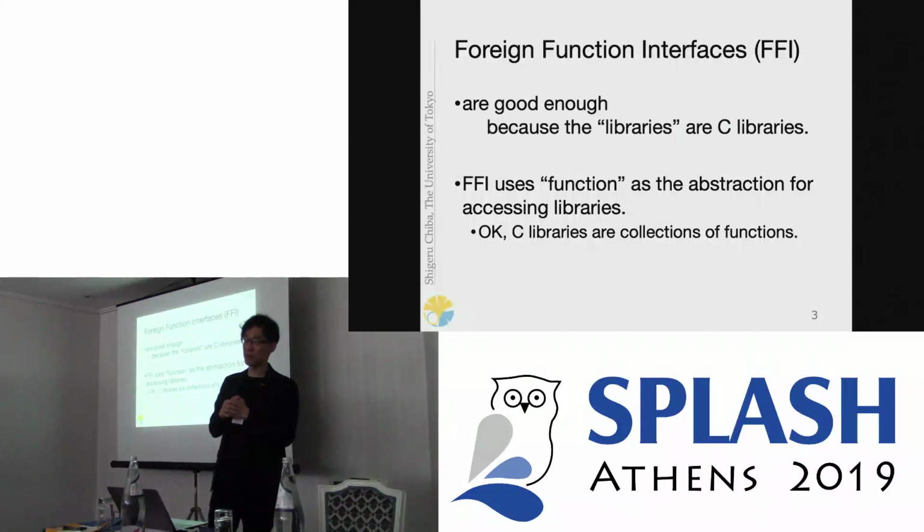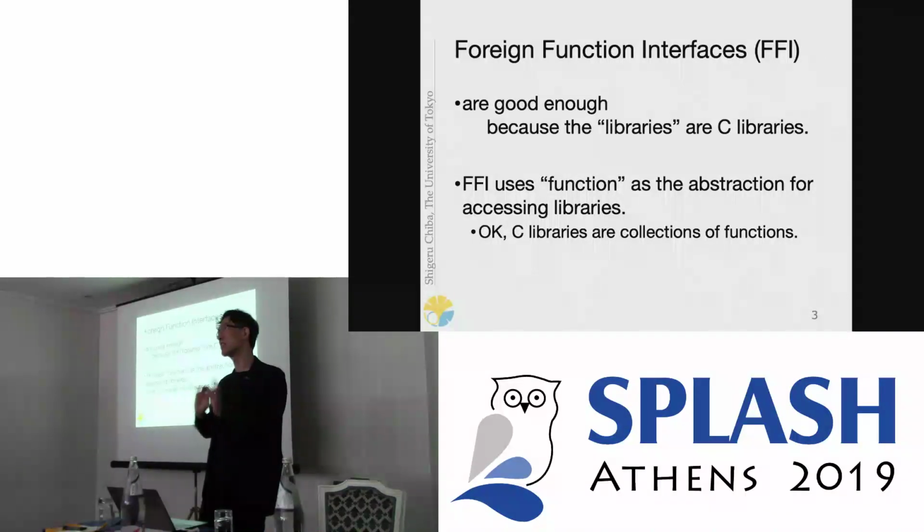So what is a foreign function interface? It is a mechanism to call a function written in a different language, usually the C language. Many programming languages have FFI to access C libraries. This has been good enough because, before, the libraries were C libraries only.